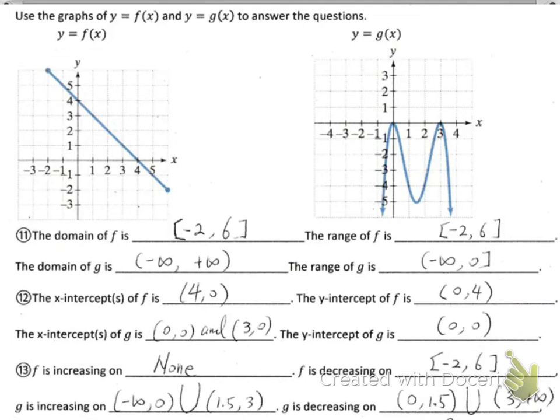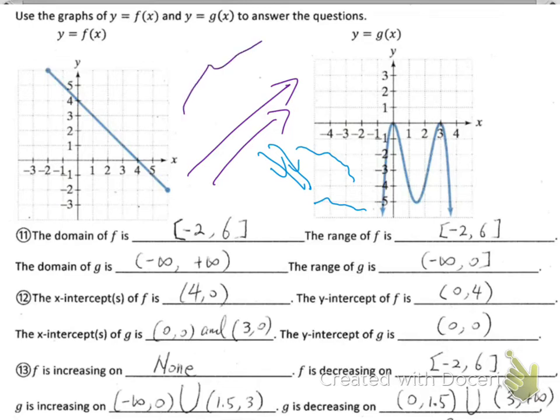Increasing and decreasing functions. Increasing means go up like this. Decreasing means go down. When you look at the whole curve, it goes down. Maybe it goes down slower like that. That's decreasing. And going up is increasing.